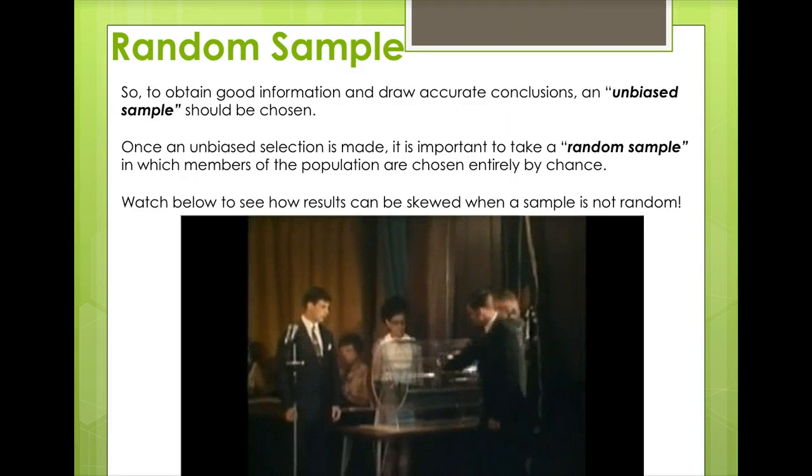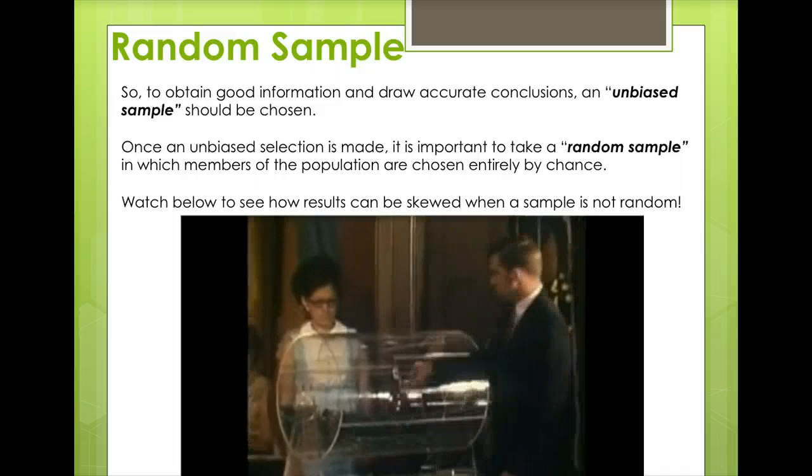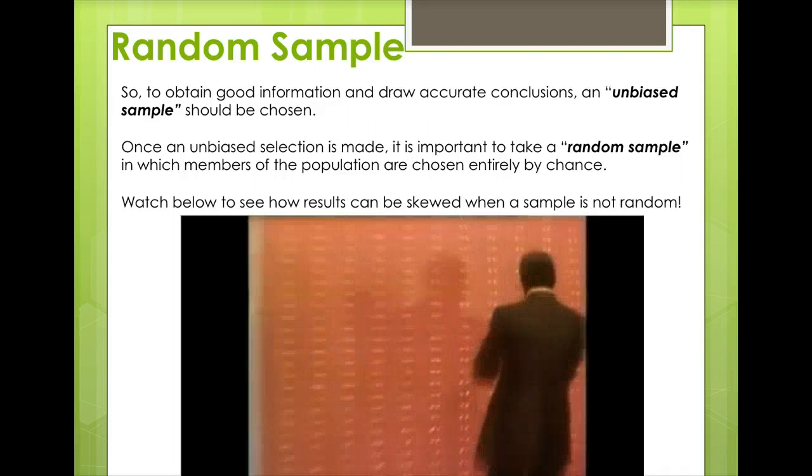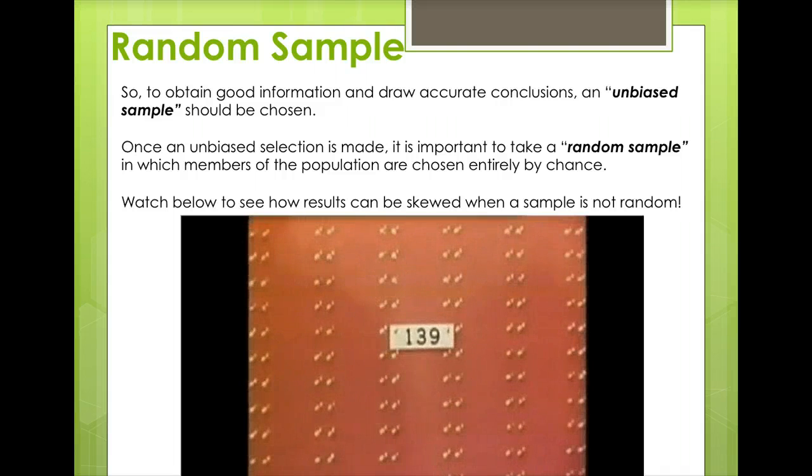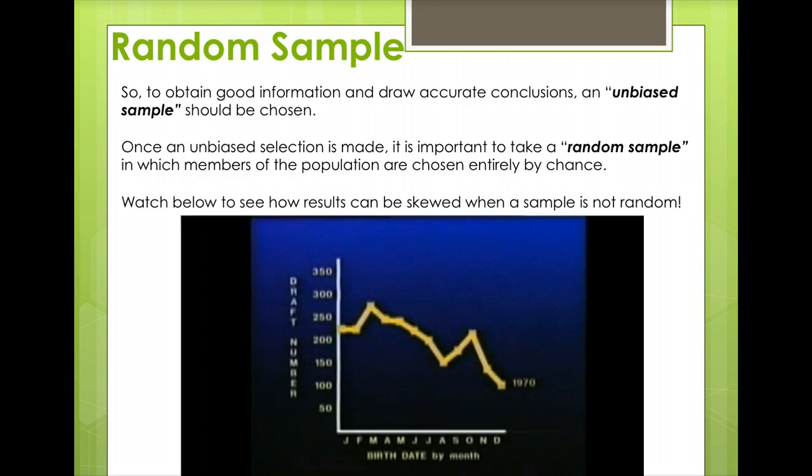The capsules in both drums were thoroughly mixed, and then a randomly drawn birth date was paired with a randomly drawn selection number. If we compare the 1970 median trace with the median trace of the 1971 draft lottery, we can see a marked difference. While there is still variation in the result, there is no systematic trend in the 1971 lottery. It was a more fair selection.